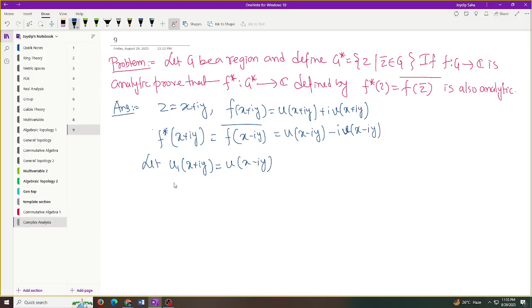Let u1 equal u(x, minus y) and v1 equal minus v(x, minus y), then f star equals u1 plus i v1.